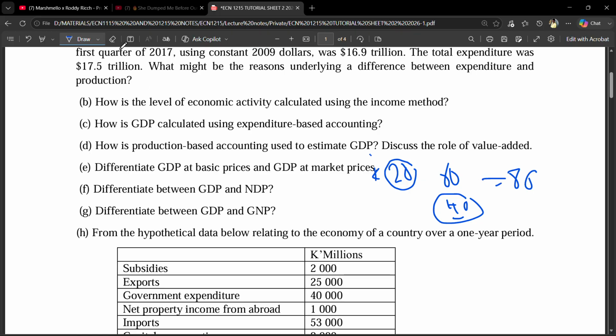So that is how GDP is calculated using the expenditure method, the income method, and the value added. Now, what role does value added play in an economy? You're going to find that this tells us how much the economy is producing, or the capacity of the economy. It tells us the economy is producing at this rate.